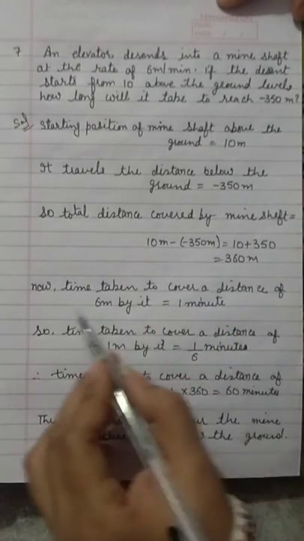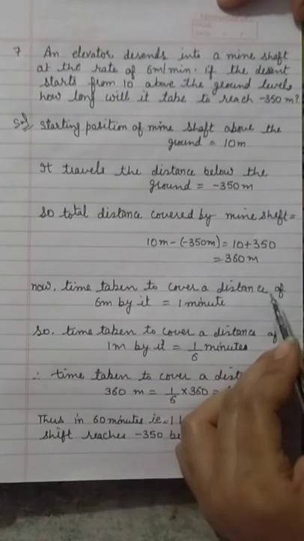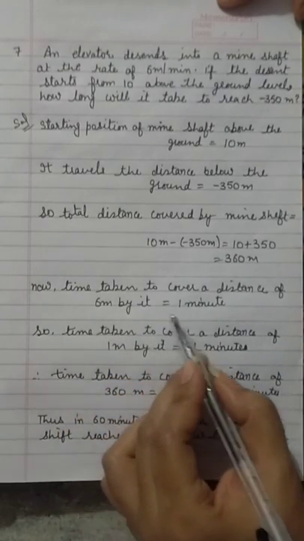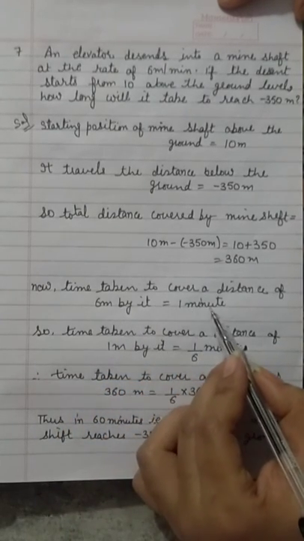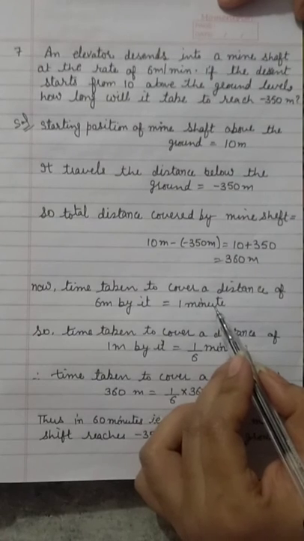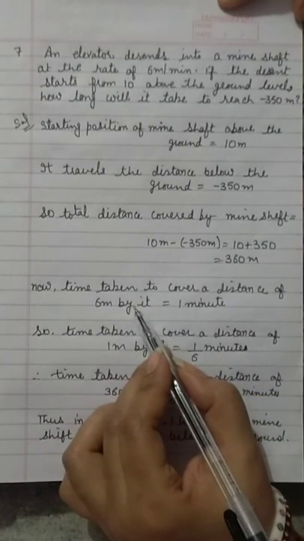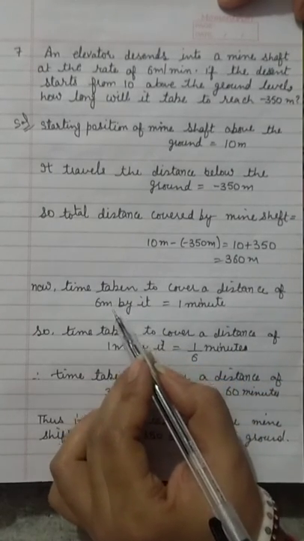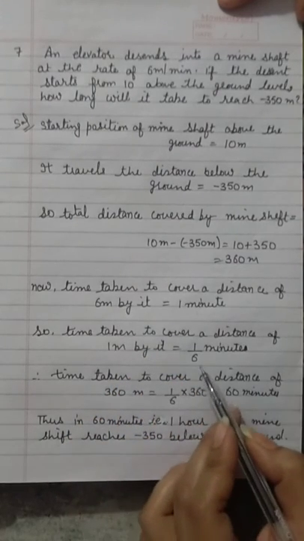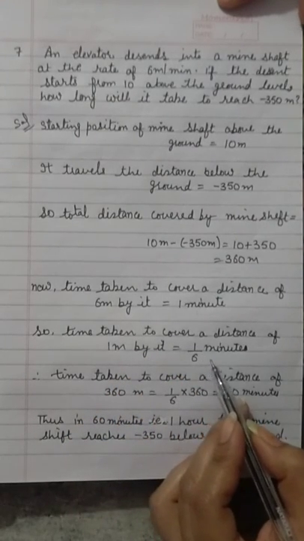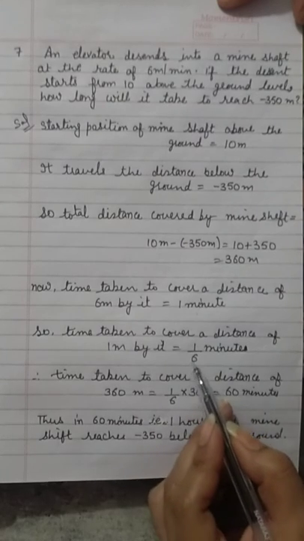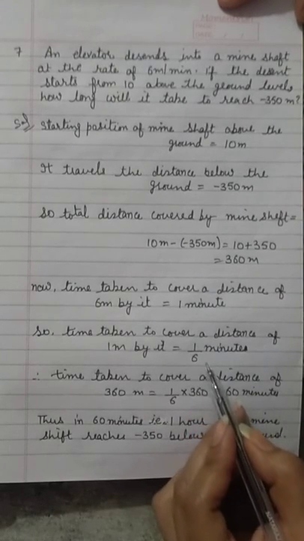Now the time taken to cover a distance of 6 meter is 1 minute. In 1 minute it covers 6 meter. So it will cover 1 meter in 1/6 part of a minute, that is 1 by 6 minutes.